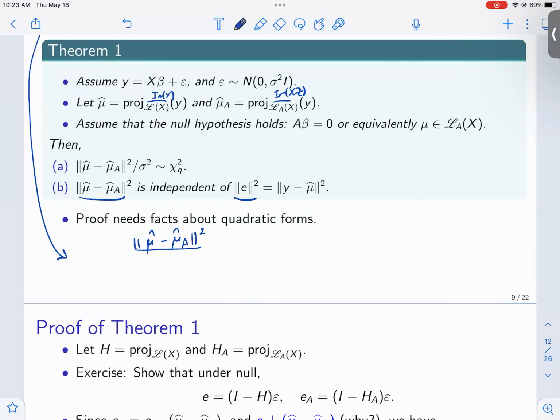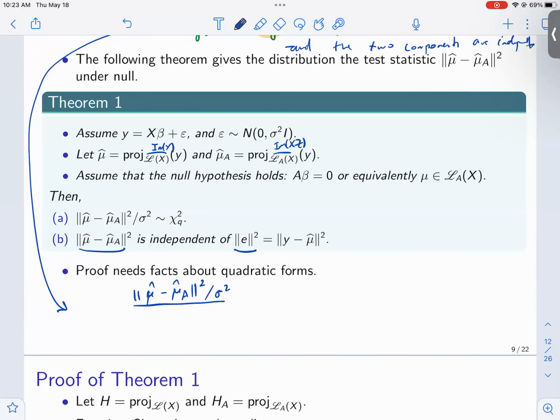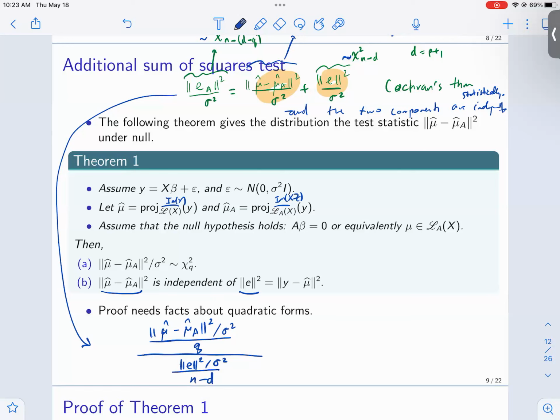And then I have E squared divided by sigma squared, which is a chi-squared with n minus d degrees of freedom, divided by its degrees of freedom. This turns out to have an F distribution with Q and n minus d degrees of freedom.